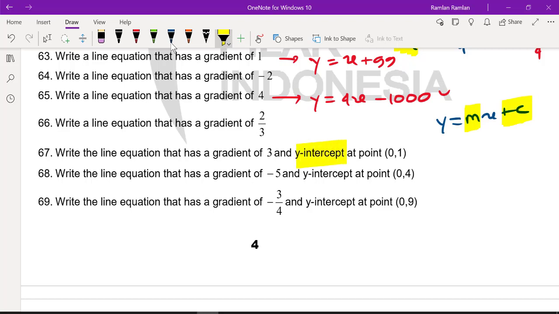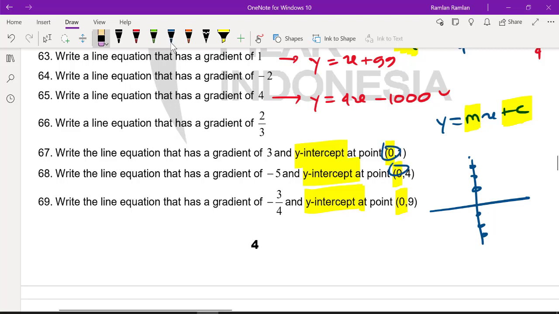So the y-intercept happens when the x value is equal to 0, because it's on the y-axis, right? Whatever point you have on the y-axis, the x will be equal to 0. So if it doesn't say anything about the y-intercept, and you see a coordinate in which the x is equal to 0, that is going to be the y-intercept. Okay, so that's the first thing that you need to understand.